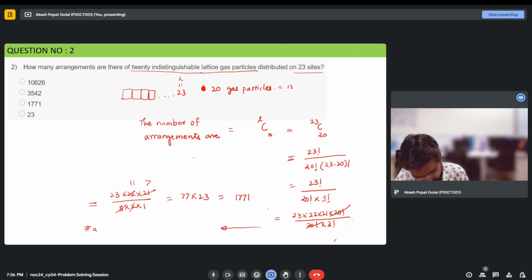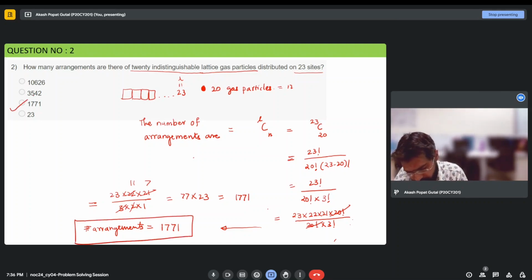So number of arrangements is 1771. Fine. Answer should be answer number C.